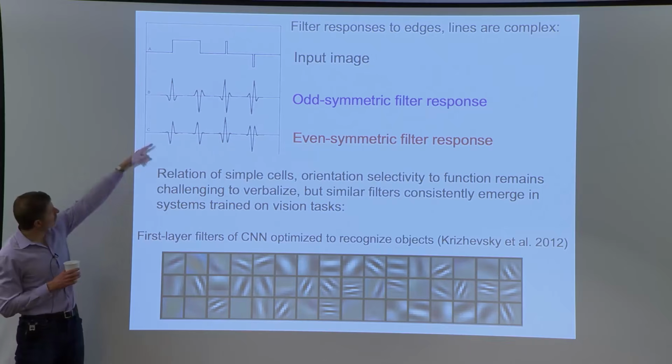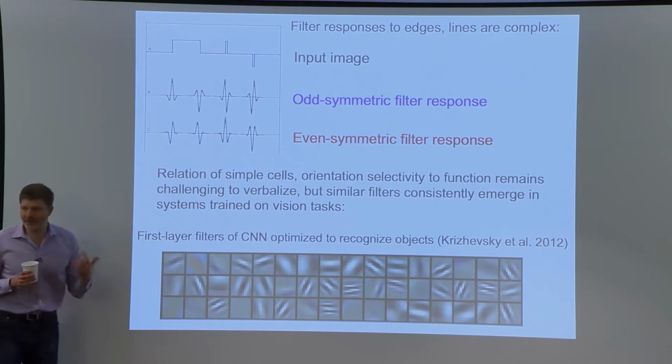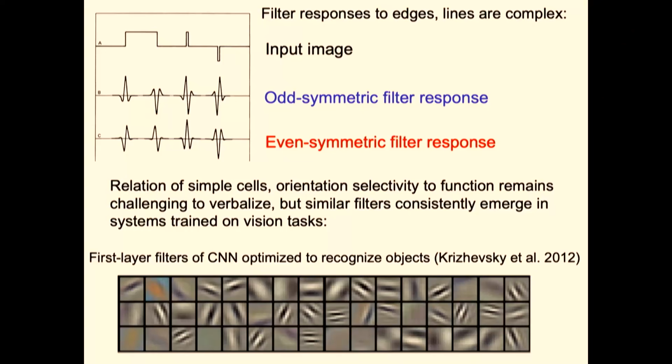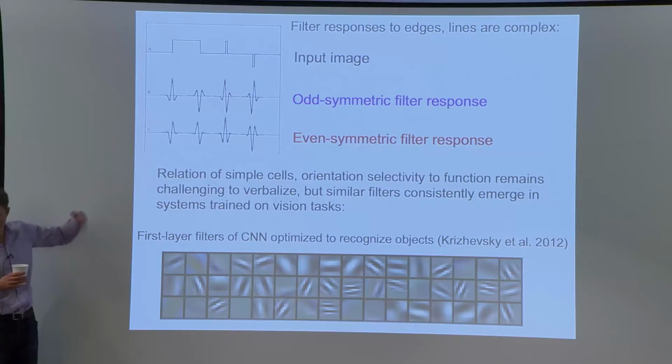But in actuality, all of the filters respond at all of the features, but the responses are complicated and wiggly, right? So it's not to say that you might not be able to take these and do something else and infer something, but at any rate, the responses don't completely straightforwardly detect edges and lines in an intuitive way, okay?